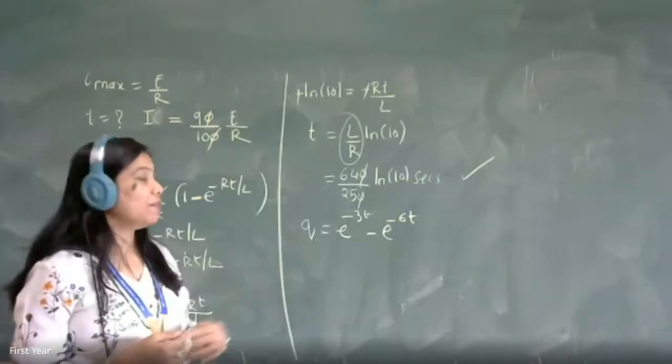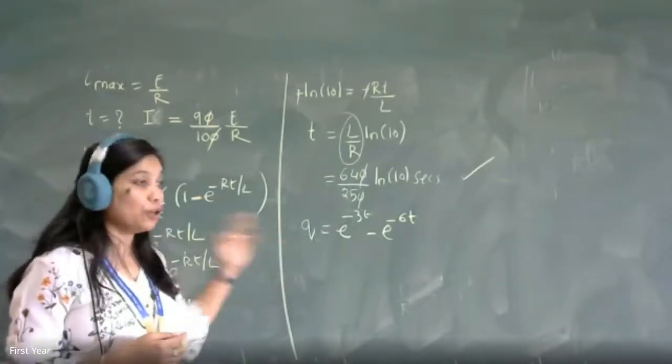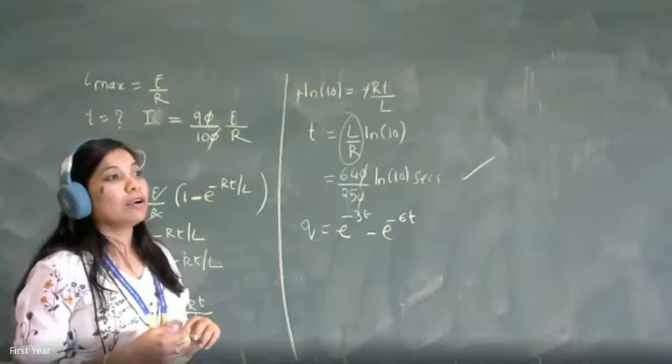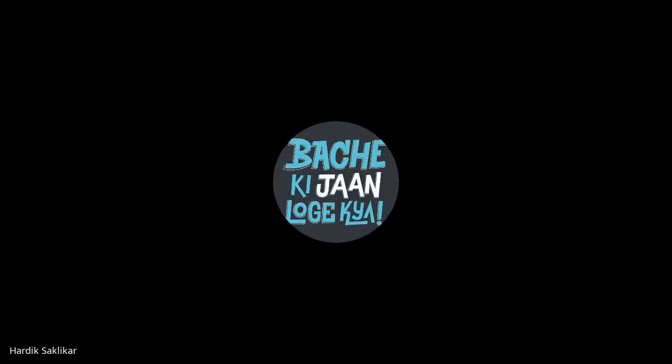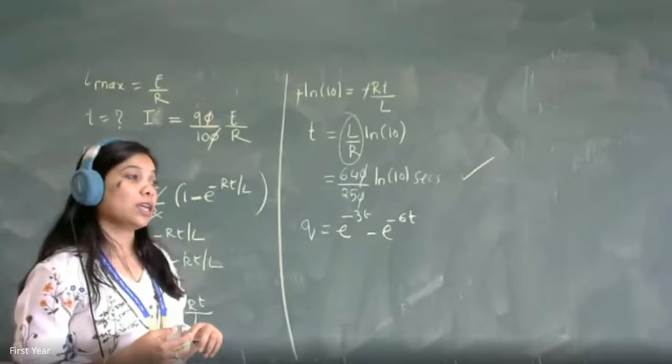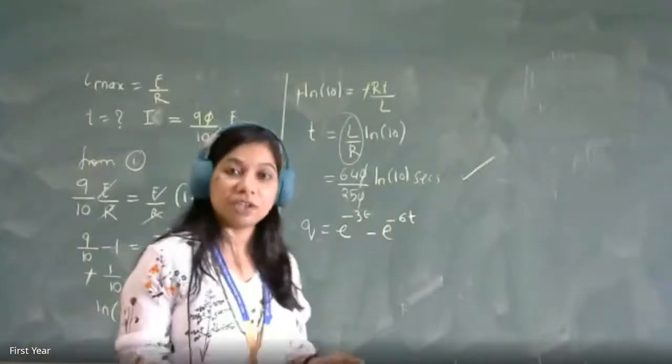If the question is given in terms of time and in terms of Q, there will be some relation. When current is maximum, how can charge be maximum? The current, ma'am, is the rate at which charge changes.